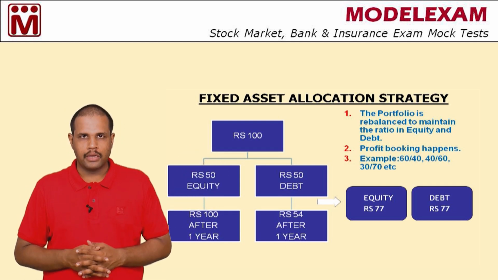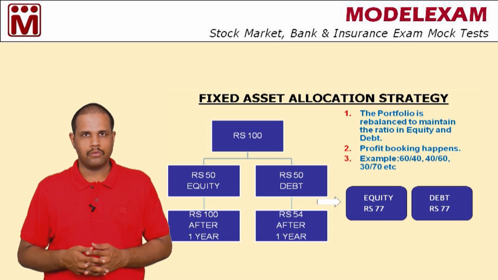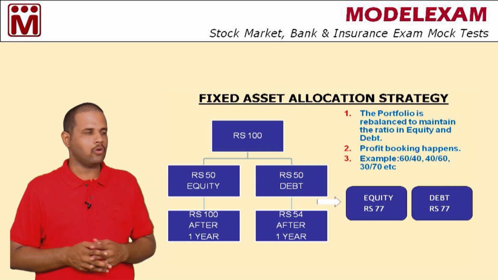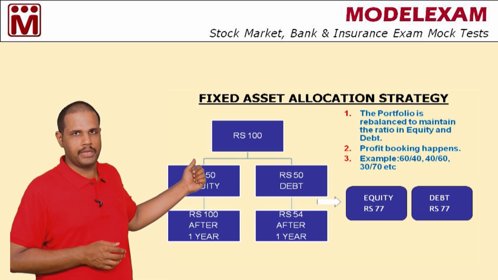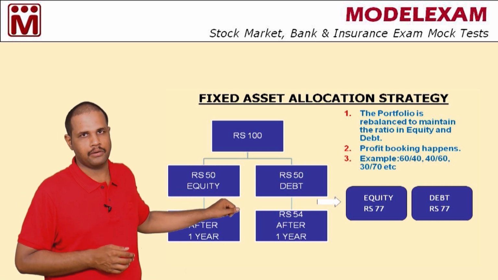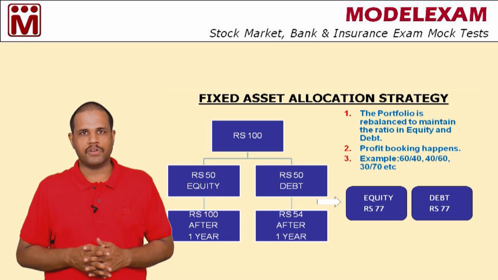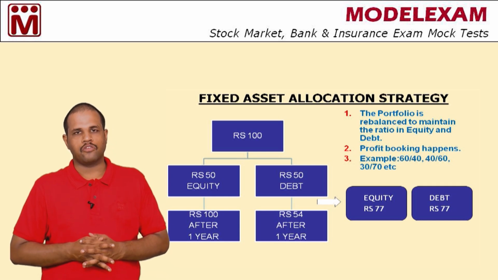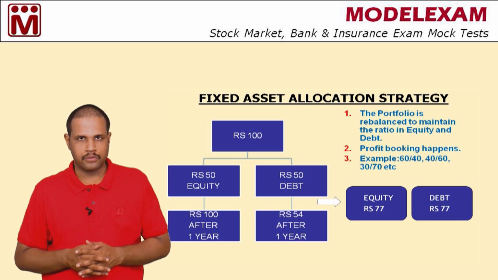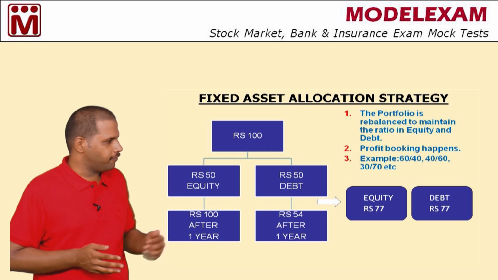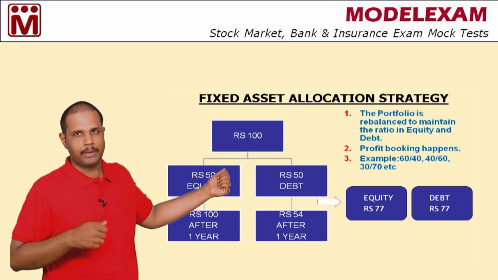After a year, equity markets double. So do my investments also. So my equity portion, that is 50 in equity, becomes 100 after a year. Debt market, I had invested 50. Let us assume it fetches 8%. So after a year, 50 in debt market fetches 8%.